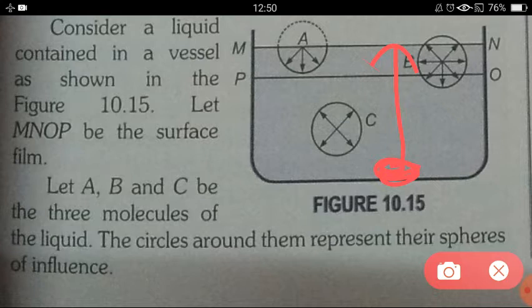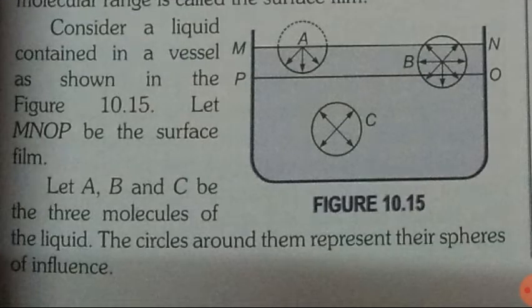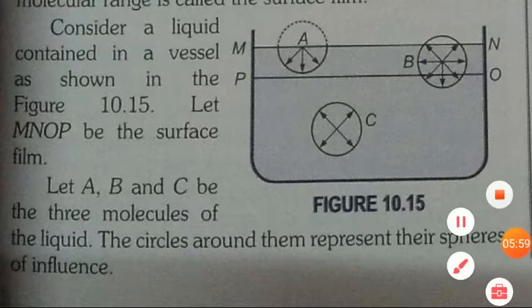In the course of that motion we have to struggle to come out from the attraction force of the molecules, and to do that we have to do some work, and that work is stored in the molecules on the surface in the form of potential energy, and that energy is called the surface energy. So now I hope you all have understood how the stretched membrane or the free surface of the liquid has surface energy.